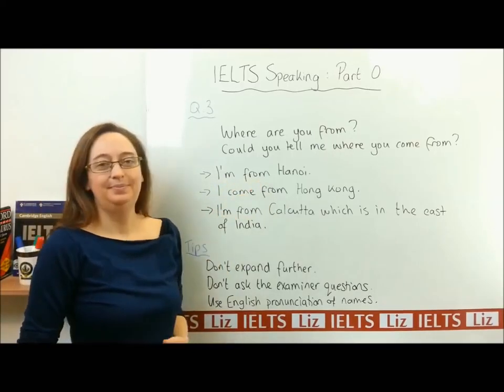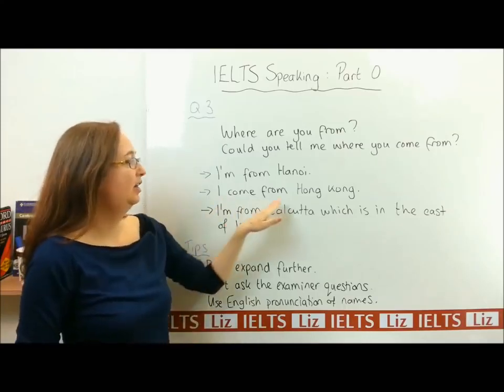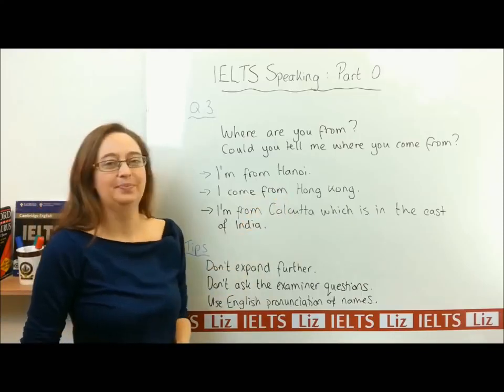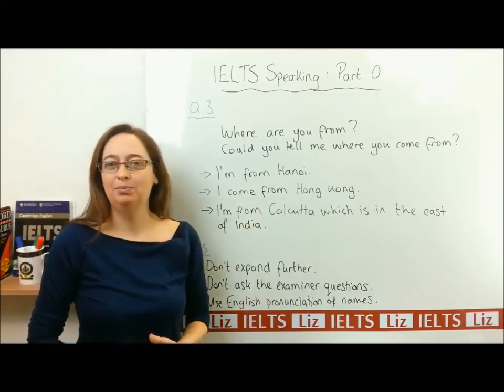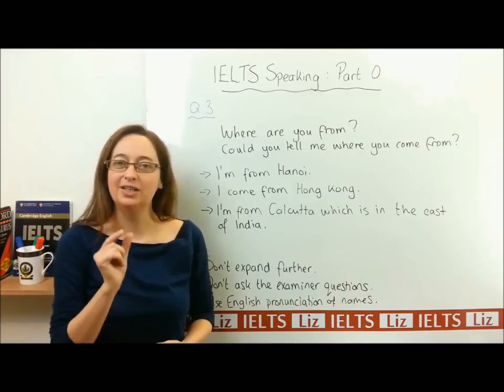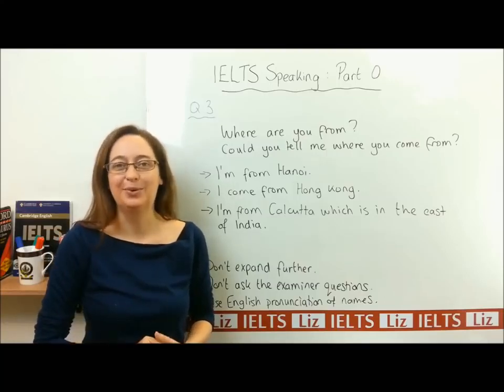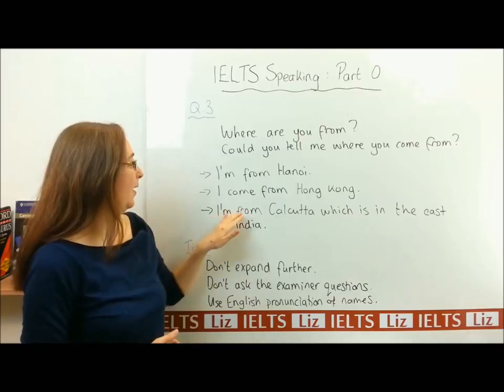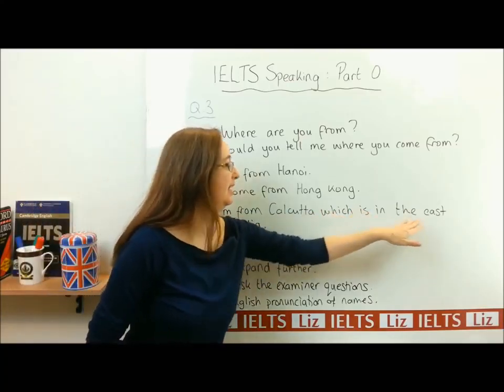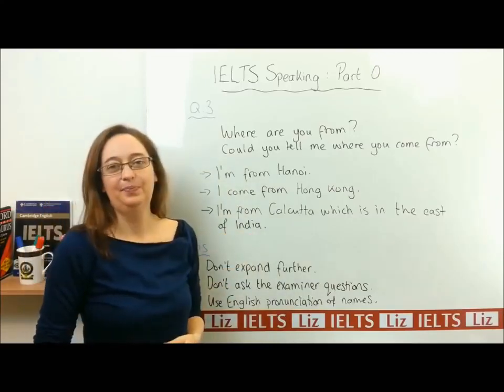I'm from. You could say, I come from Hong Kong. I come from. You could also add more information if you want. Not too much, just a little bit more if you want. You could say, I'm from Calcutta, which is in the east of India.